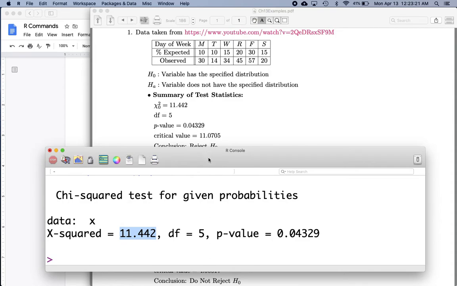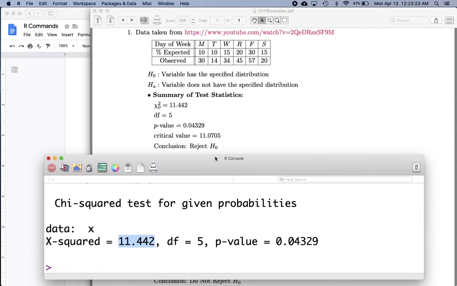We wanted to test this, and the wording of the problem is that we're going to test this with 5% significance. Since our p-value is smaller than 0.05, we reject the null hypothesis. So that's how that works.